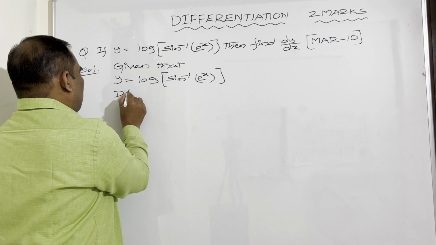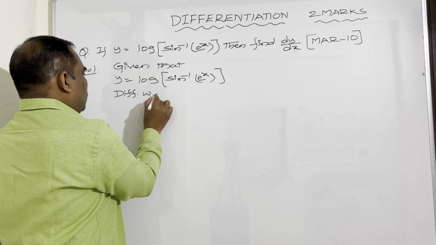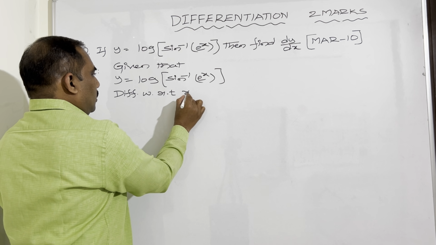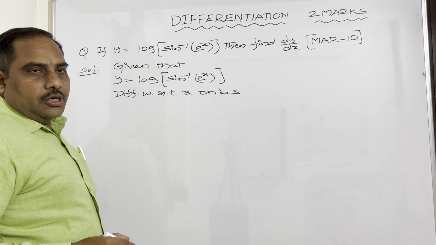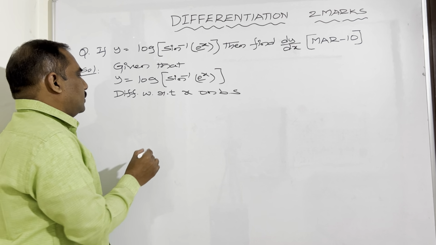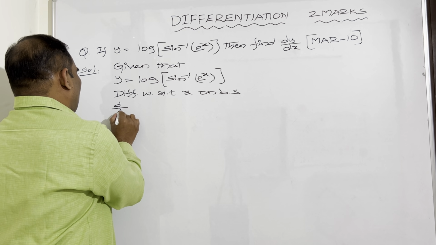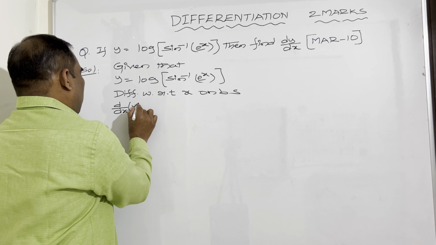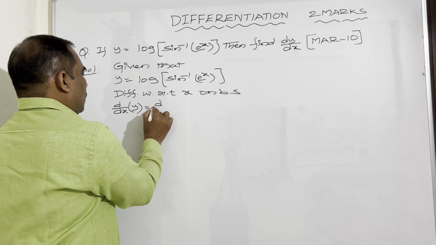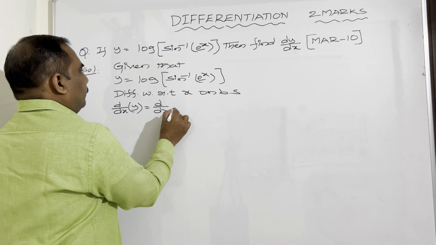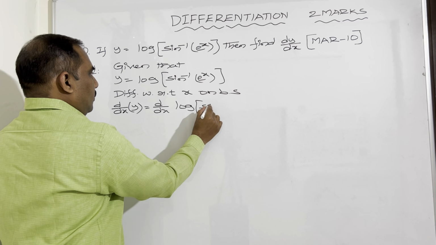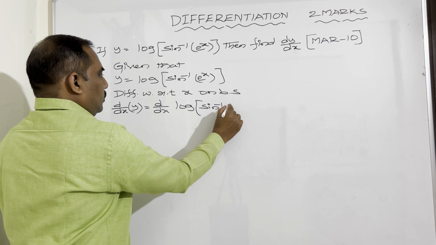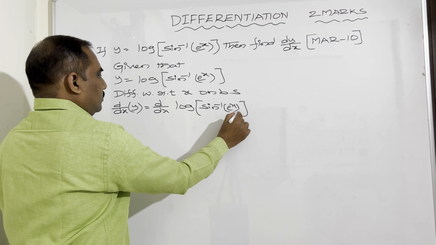Now differentiating with respect to x on both sides, d by dx of y is equal to d by dx of log of sine inverse e to the power of x.